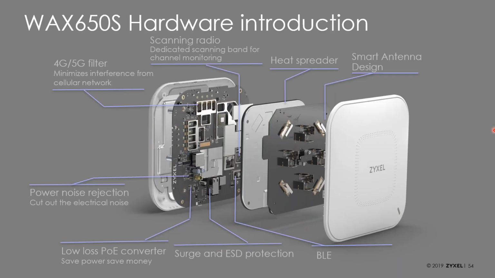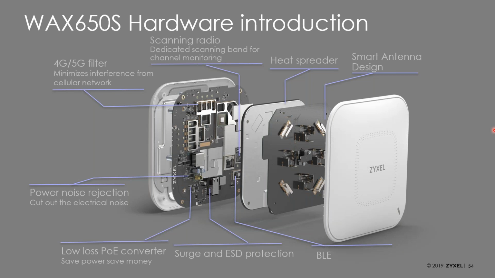Okay, so just a hardware sneak peek of the smart antenna AX AP. It has very robust hardware in it. It has a built-in 4G, 5G filter to minimize interference from cellular networks.